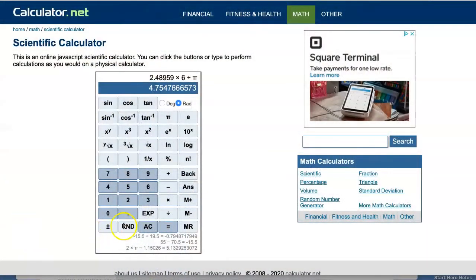All right, so clear. 3.79359 multiply by 6 and divide by pi, and I end up with 7.2452 plus 12k. Almost done.